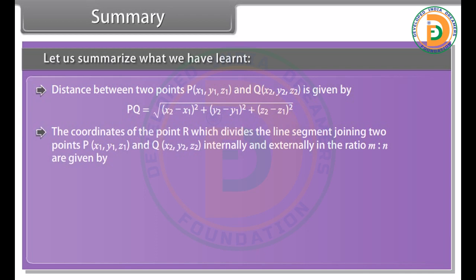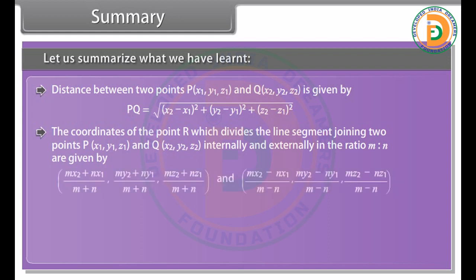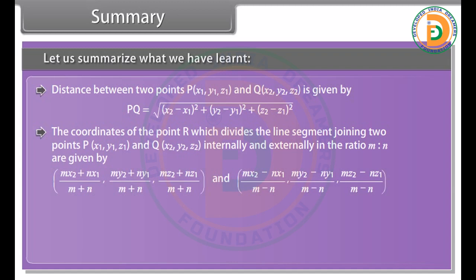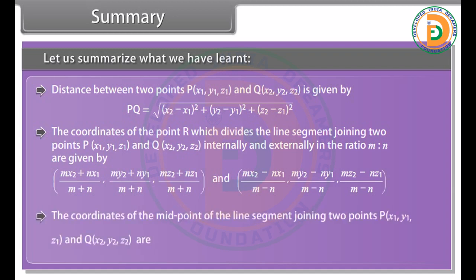The coordinates of the point R, which divides the line segment joining 2 points P (x1, y1, z1) and Q (x2, y2, z2) internally and externally in the ratio m:n are given by the section formulas, and the coordinates of the midpoint of the line segment joining 2 points P (x1, y1, z1) and Q (x2, y2, z2) are as given.